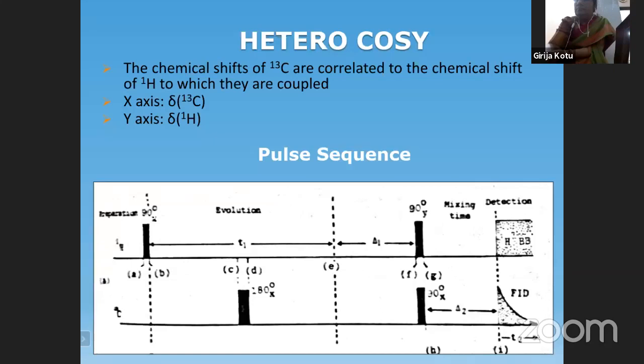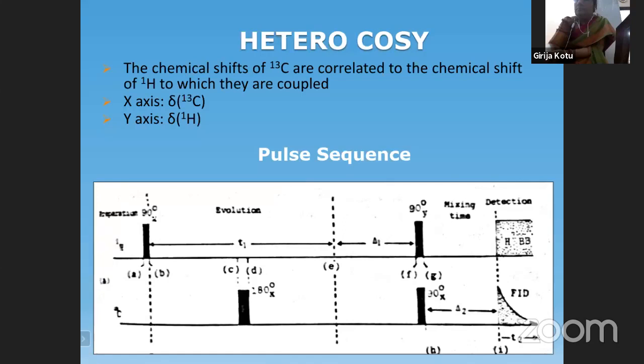So in this, the x-axis refers to delta of C13 because it is a conventional C13 NMR. So x-axis always is C13 NMR. And since we are trying to show the connectivity between carbon and the proton to which it is coupled, the y-axis refers to the delta values of proton.